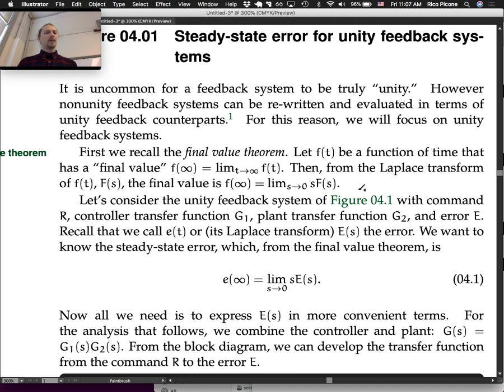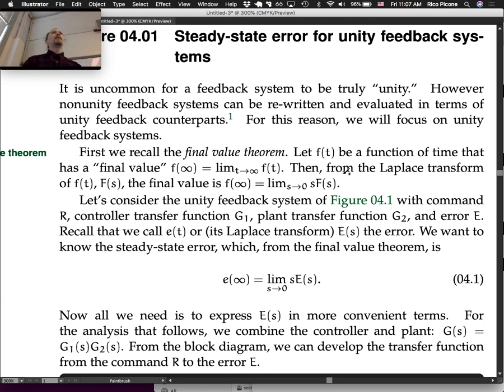Then, from the Laplace transform of f of t, which we typically will call F of s, the final value, the f of infinity, the time domain value of the function little f at time infinity, is not only equal to the limit as t goes to infinity of little f of t, it's also equal to the limit as s goes to infinity of s times F of s, the transform of f.